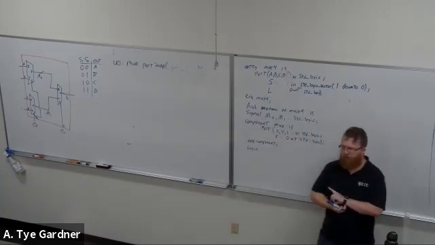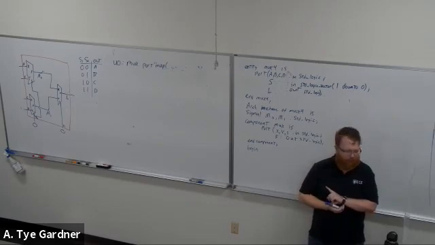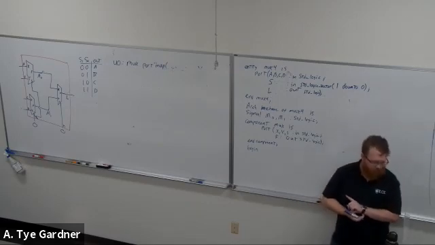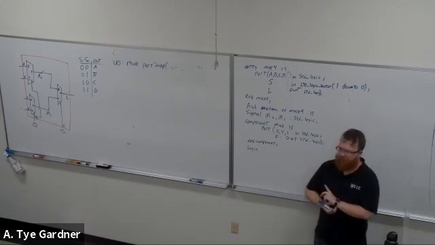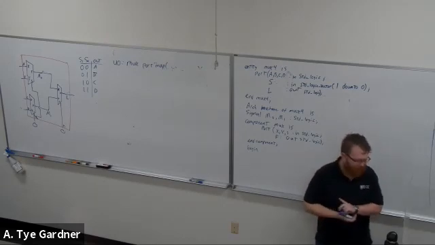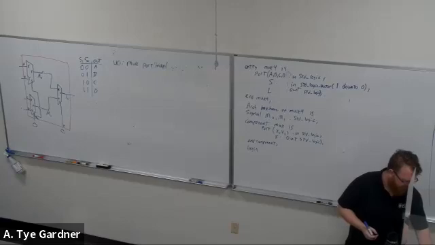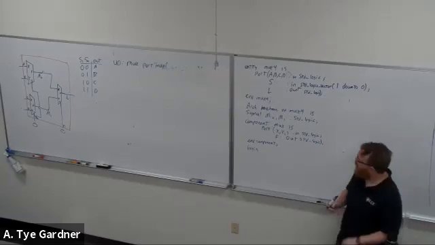Now, there are two different ways that you're going to see these ports written. I don't recall which way the book does it. I'm going to do it what's called explicitly, okay? Shoot.